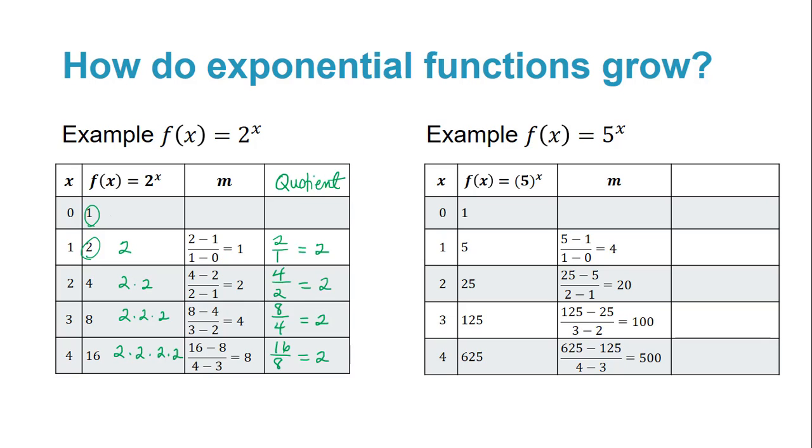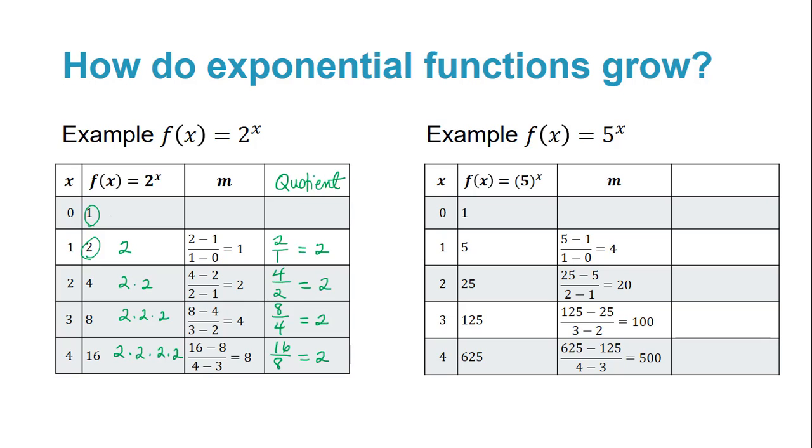In a similar fashion, we can look at the slope between consecutive pairs of points. Between (0, 1) and (1, 5), we get 5 minus 1 divided by 1 minus 0, which is 4. 25 minus 5 divided by 2 minus 1 is 20 over 1, or 20. Between (2, 25) and (3, 125), the slope is 125 minus 25 divided by 3 minus 2, which is 100.